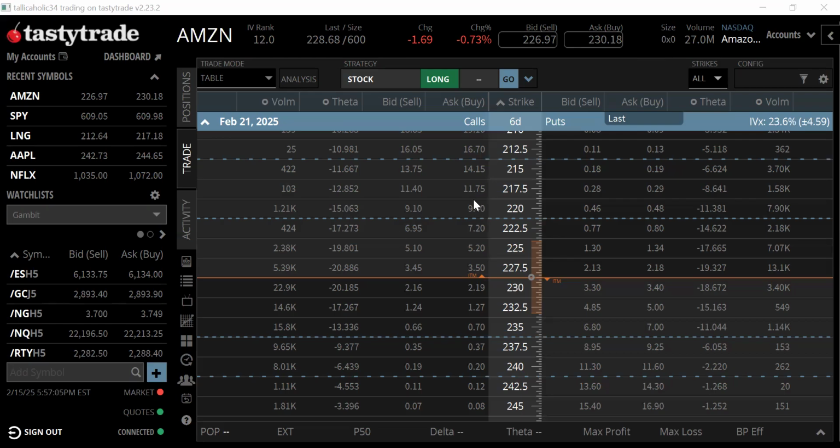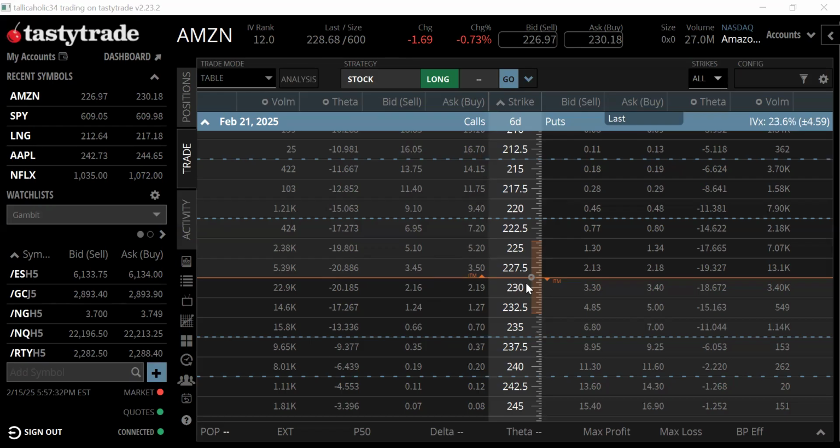But what are they made up of? It's going to be the difference between the intrinsic and the extrinsic value. So intrinsic means anything that is considered in the money. Amazon's last trade was 228.68. That's where we closed. So anything at or below there on the call side is going to contain intrinsic value. Anything above is going to contain extrinsic value. Because what does intrinsic value have?